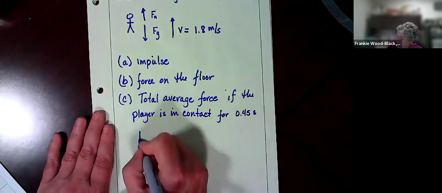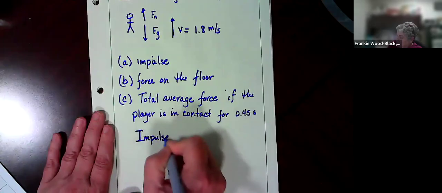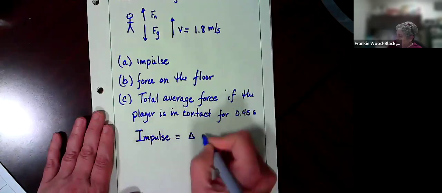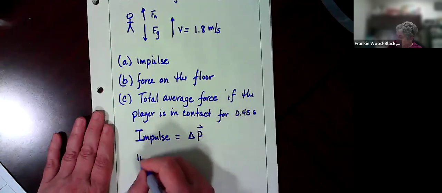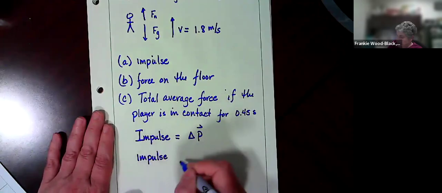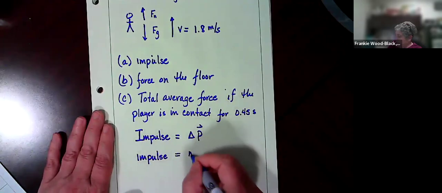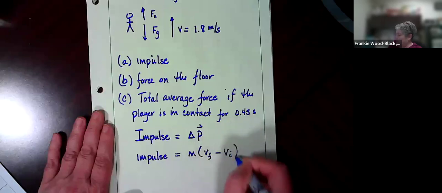So remember that our impulse is equal to a change in momentum. So our impulse is going to equal the mass times velocity final minus velocity initial.